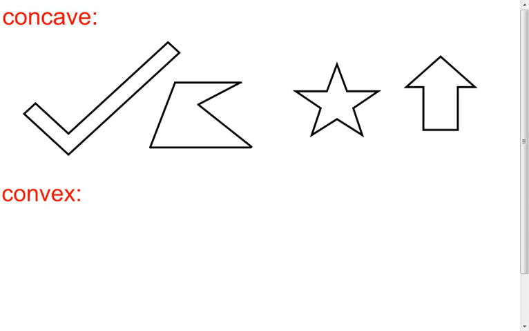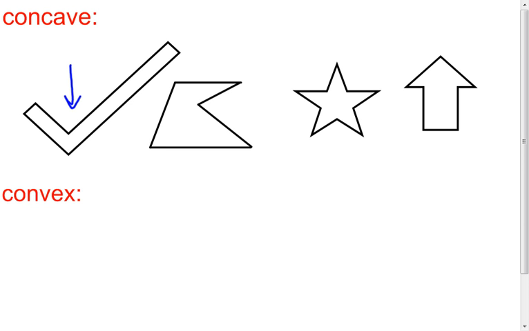If I can find it, there we go. So concave, I didn't give you an actual definition, I'm just giving you examples. And the way I like to think of concave is, if the polygon has a cave in it, or it's kicked in or caved in somewhere, it's called a concave polygon. Now I look at this check mark and I think of it as, there's a big cave right there.